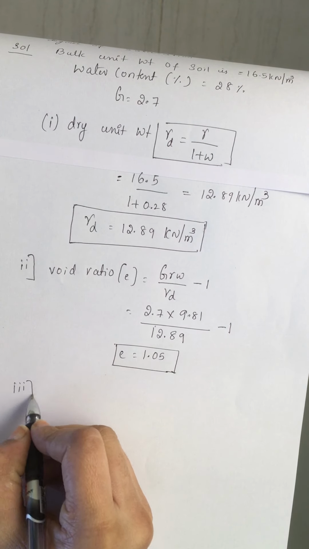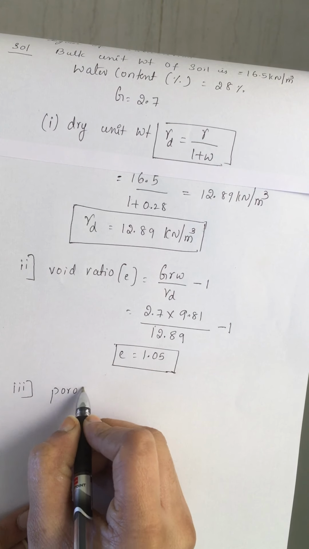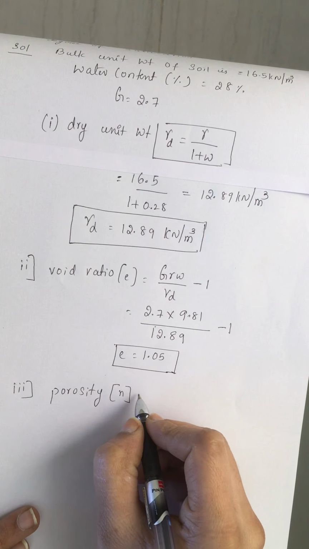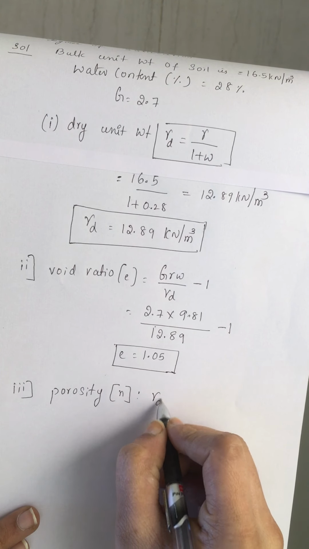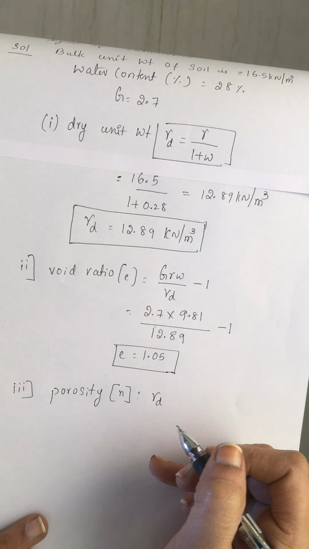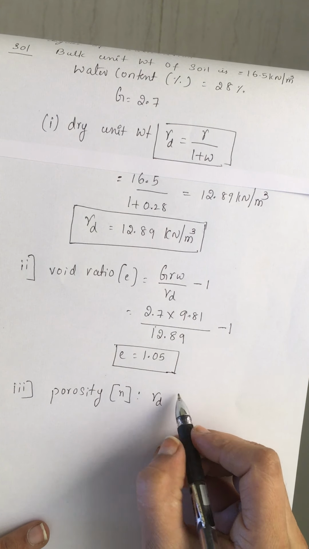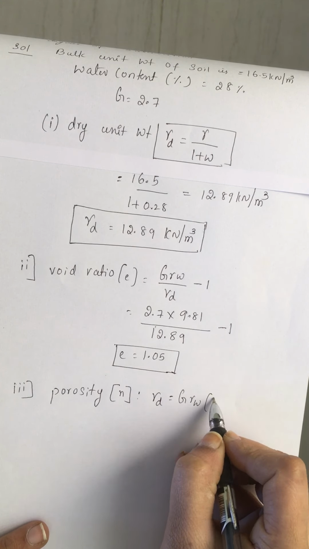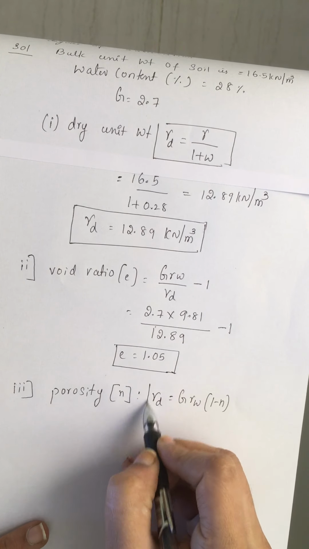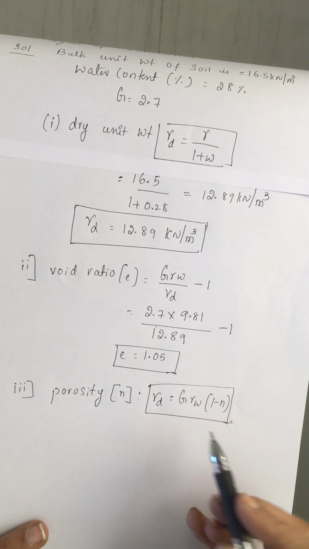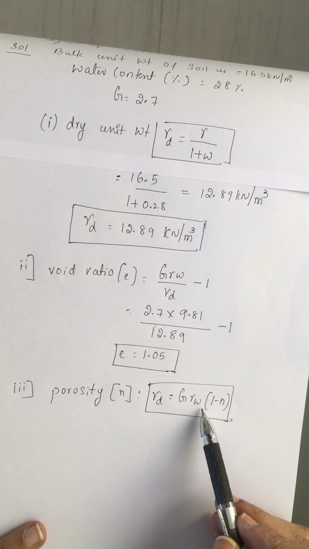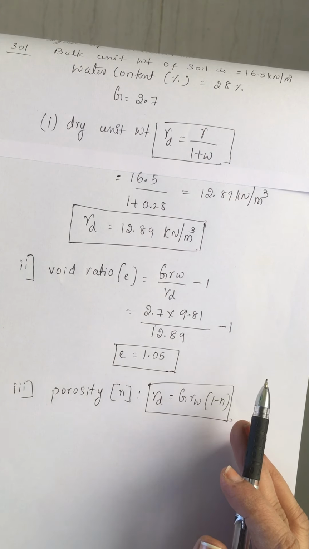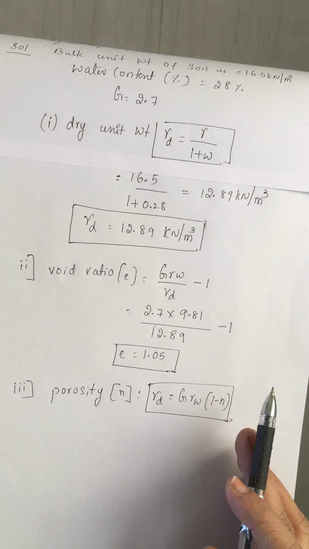Coming to the third term, that is porosity. You have to find out the porosity, that is measured in terms of N. In terms of the dry unit weight, the porosity can be written as gamma D is equal to G gamma W times (1 minus N). You already know the value of G, gamma W and gamma D. You can easily find out the N value, that is porosity.